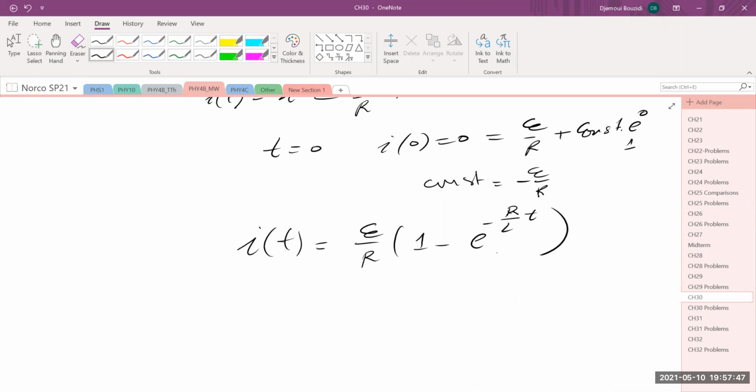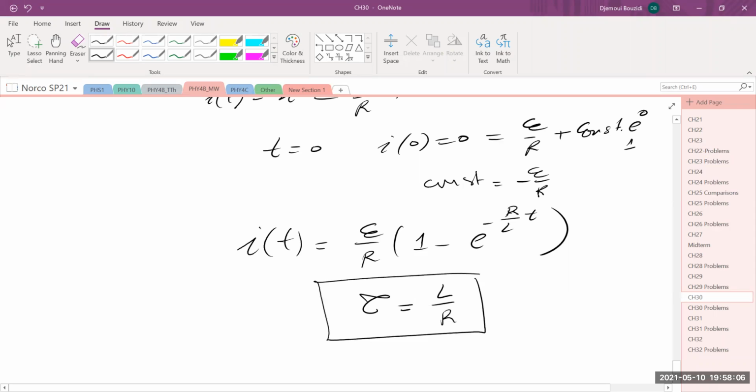That's the only difference. In there, we had Q of t is equal to C times epsilon naught times 1 minus e to the power minus t over RC. And here, tau, the time characteristic, is L over R. That is something different than before.